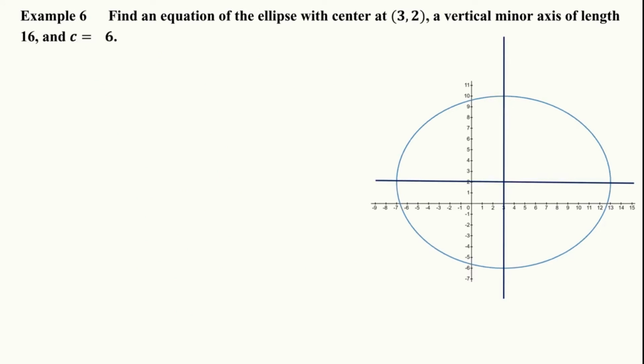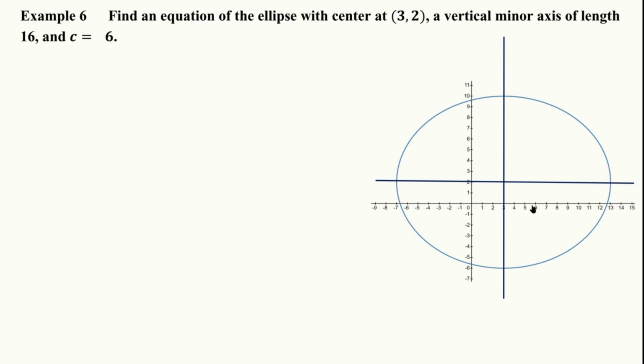All right, next we want to go ahead and find an equation of the ellipse with center at 3, 2, as indicated here, a vertical minor axis of length 16, and c equals 6.